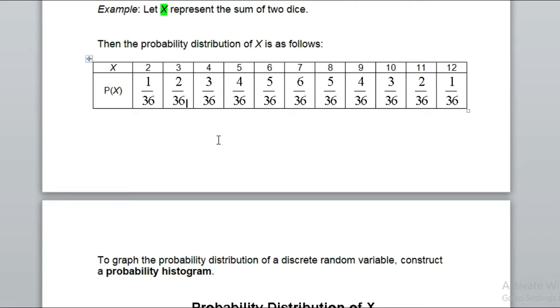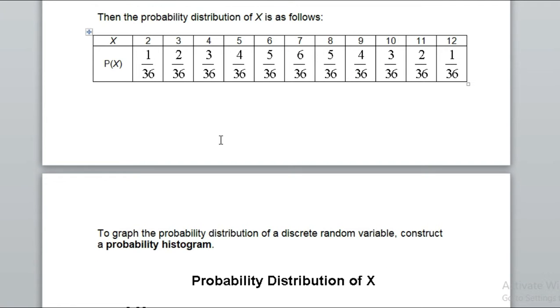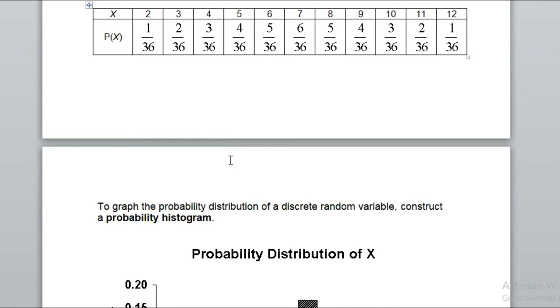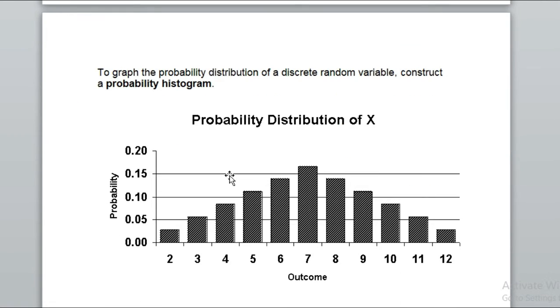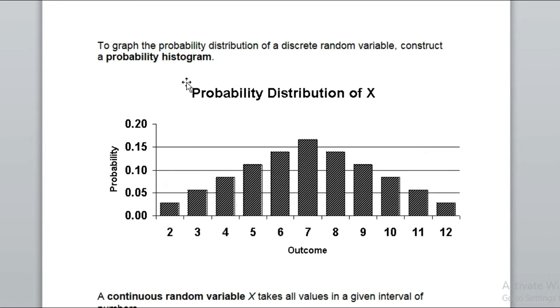Let's talk about the next term. To graph the probability distribution of a discrete random variable, construct a probability histogram. Now we are constructing a probability histogram.